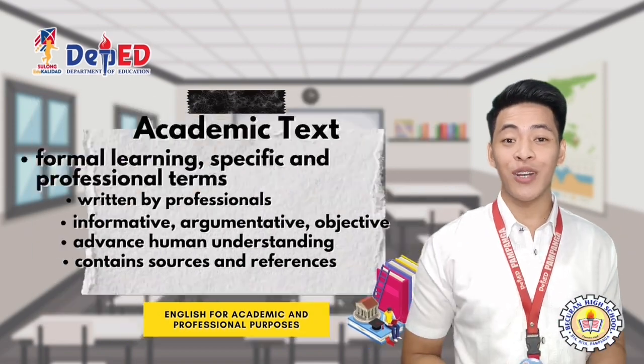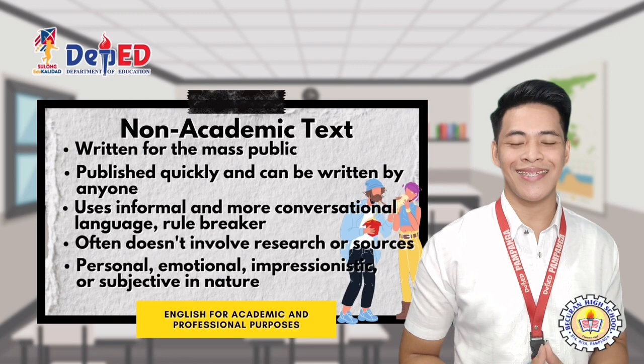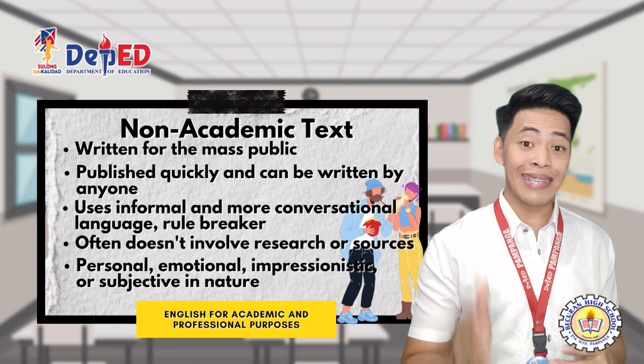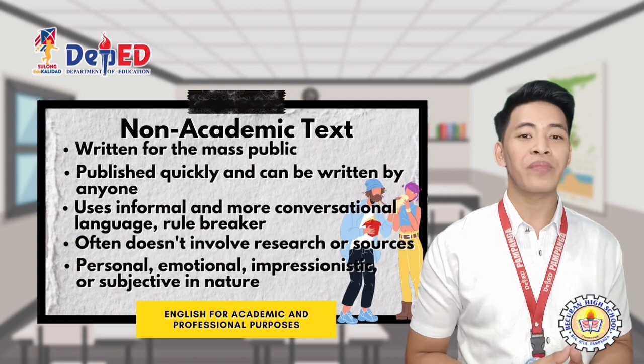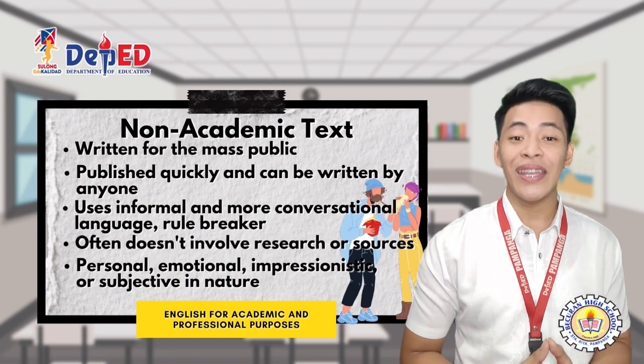Let us now move forward to describing non-academic texts. Again, non-academic text is a text for the mass public. It can be written by anyone because it can be published instantly.